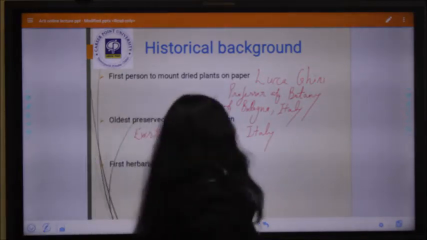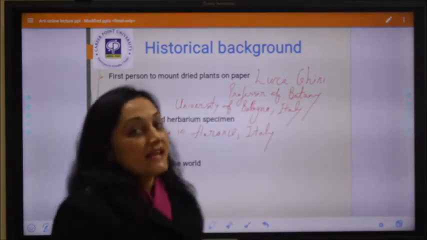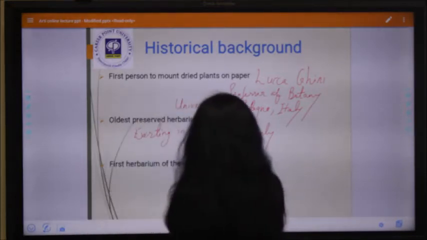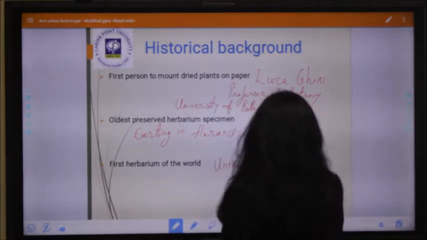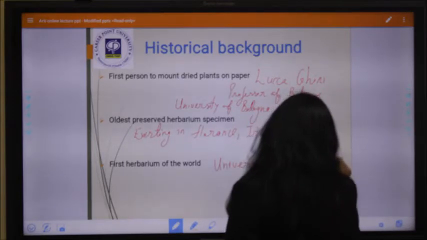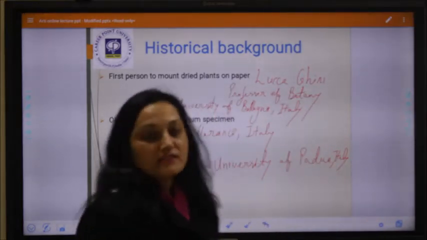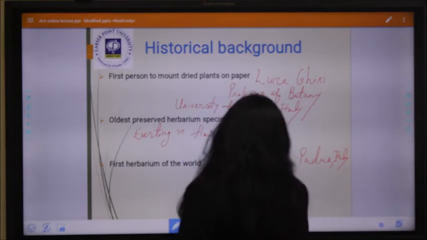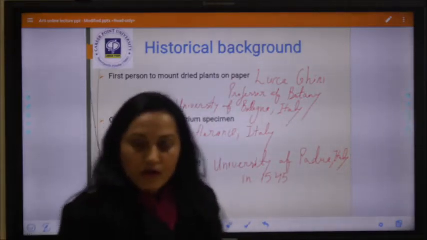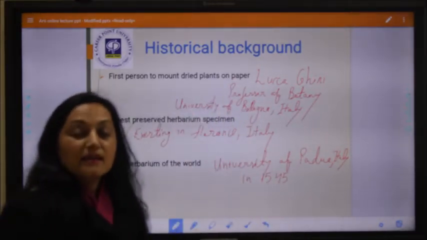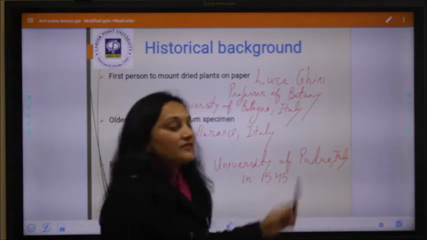And the first herbarium of the world was established by the University of Padua, Italy in 1545.